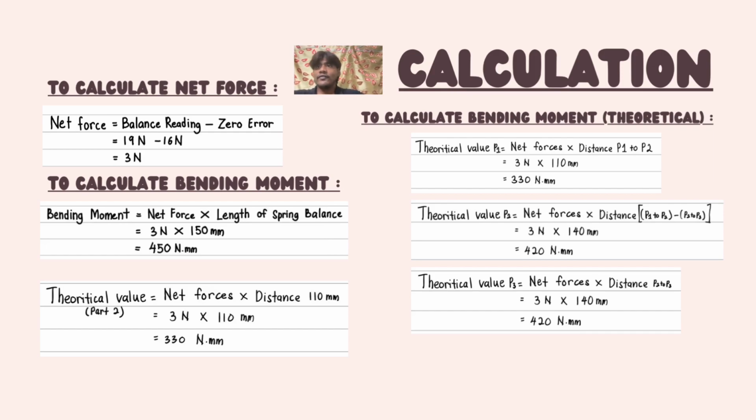Theoretical value P2 equals net force times distance P1 to P2 minus P2 to P3. Next, theoretical value P3 equals net force times distance of P2 to P3.